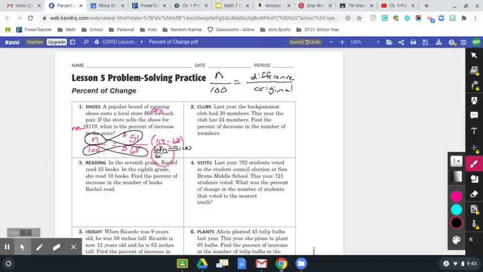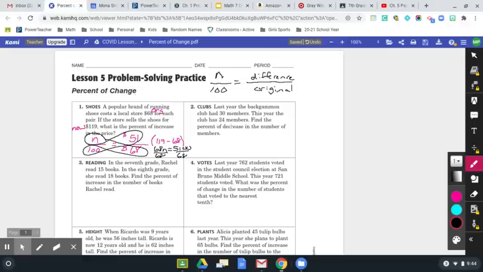Let's solve it. We're going to divide by 68. So you're going to take 5,100 divided by 68 and get 75%.